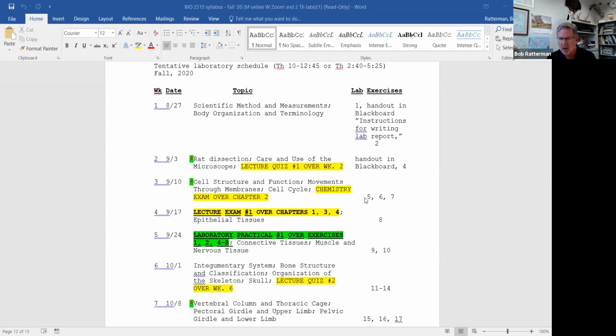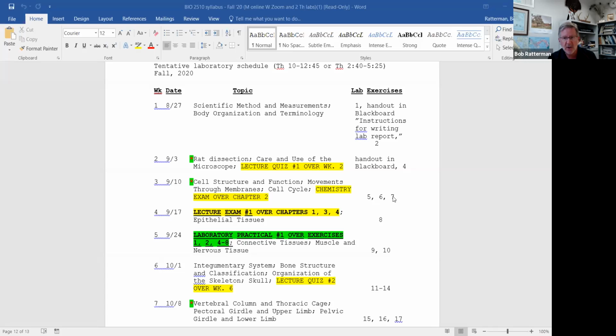But you may also see a question or two related to exercises 5, 6, and 7 that we're doing tomorrow. That particular type of question would be a question that I would ask to assess whether you have looked ahead, and you're familiar with what we're going to be doing in those exercises. So it again is sort of my way of gently prodding you to look over the exercises before you walk into lab so that you're not totally oblivious to what we're doing.